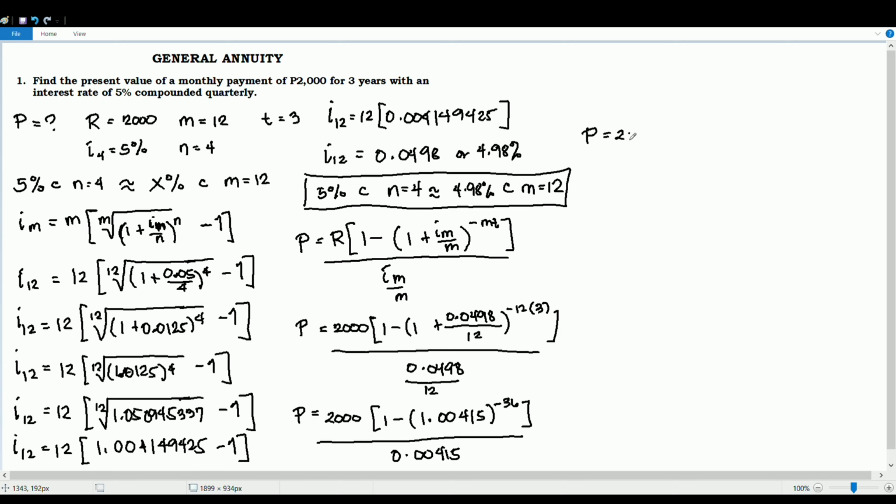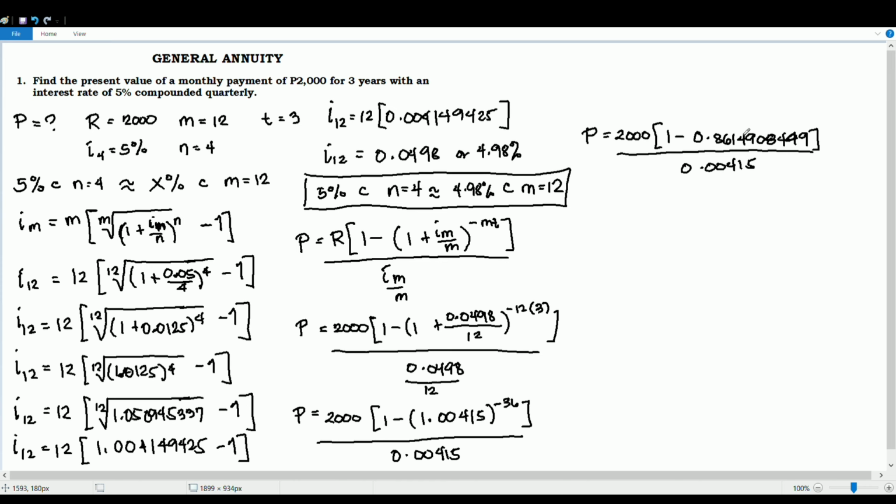So we have 2,000 pesos times 1 minus the negative 36th power, which is 0.8614908449, over the denominator 0.00415.